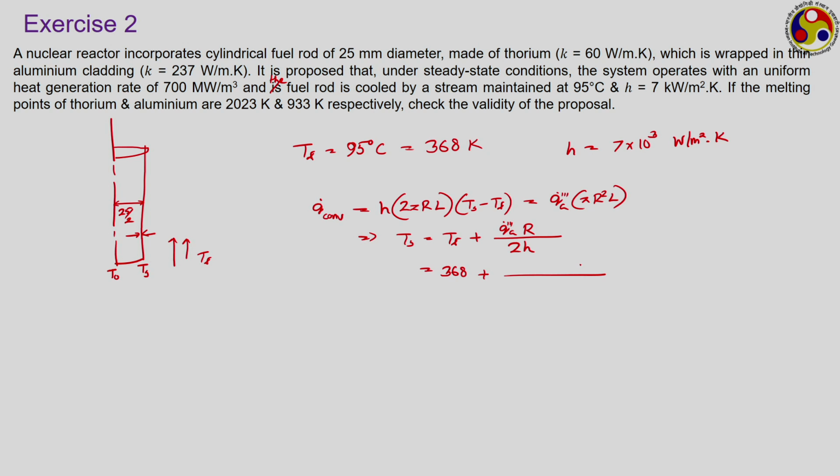Q 0 triple prime in this case is given as 700 into 10 to the power 6 watt per meter cube, radius is 12.5 into 10 to the power minus 3 meter, and 2 into the convective heat transfer coefficient, which is 7 into 10 cube. So, if you do the calculation, T s in this case will come as 993 Kelvin.